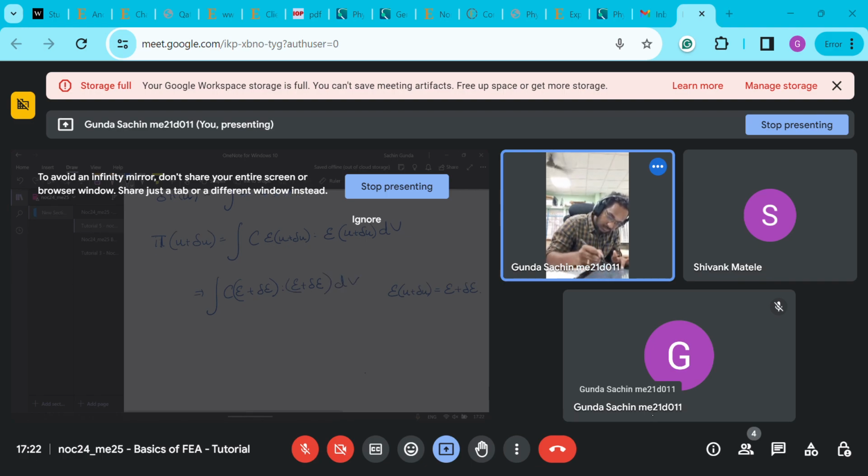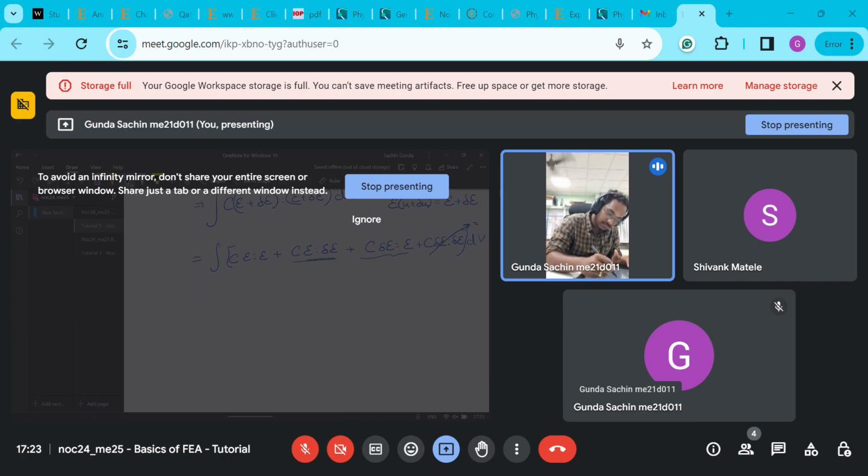Then you would get c, first term would be c epsilon times this.